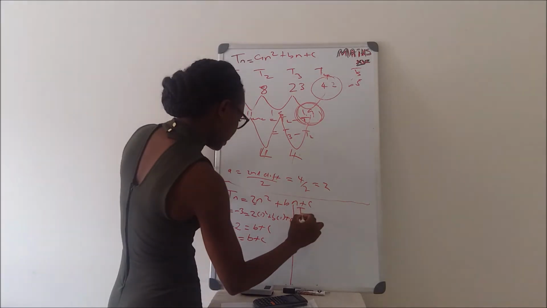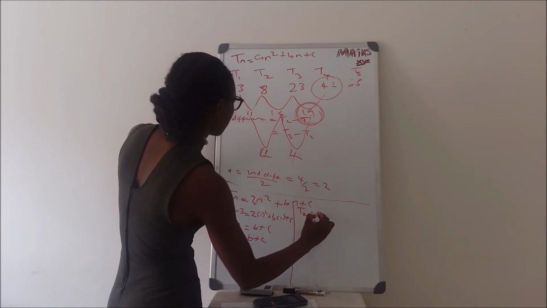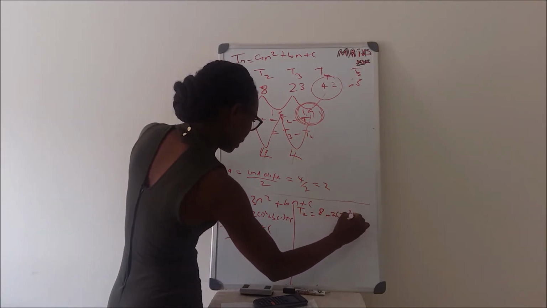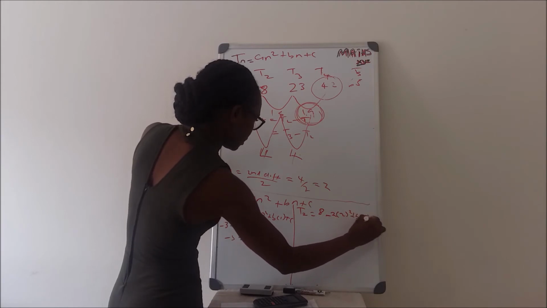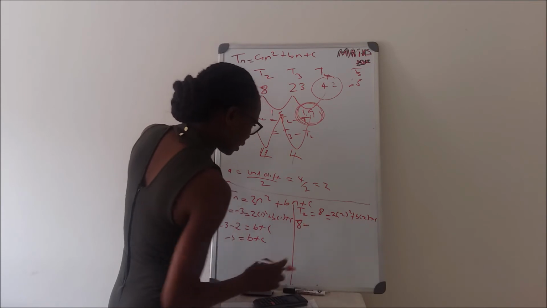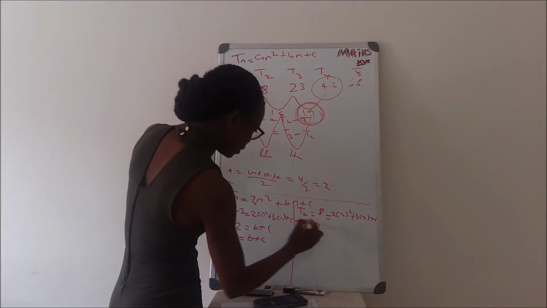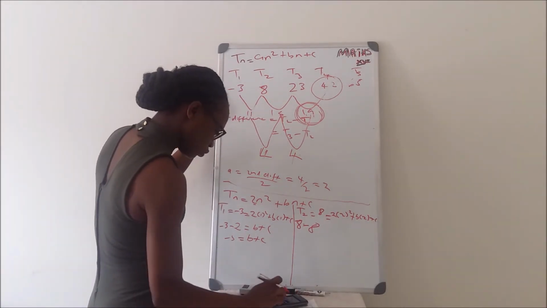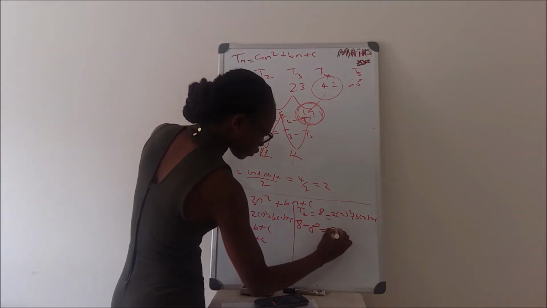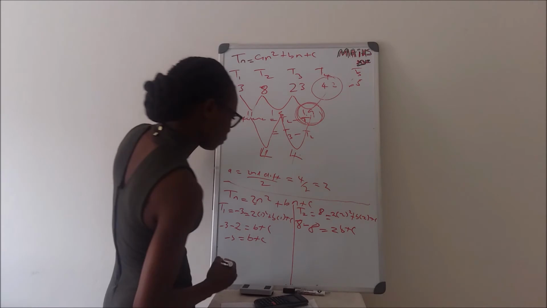Right, so let's substitute T2, which is 8. It's equal to 2 into 2 squared plus b into 2 plus c. So 2 squared multiplied by 2 will be 8, and 8 is equal to 2b plus c.